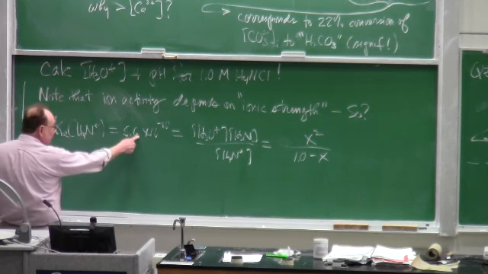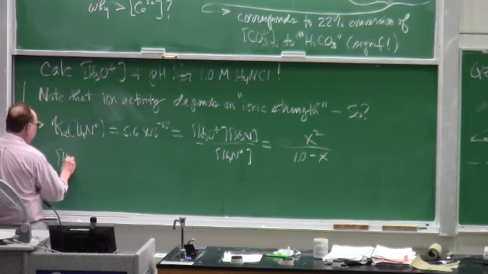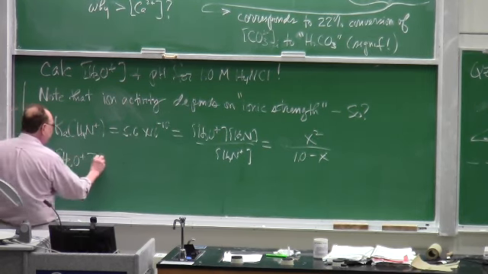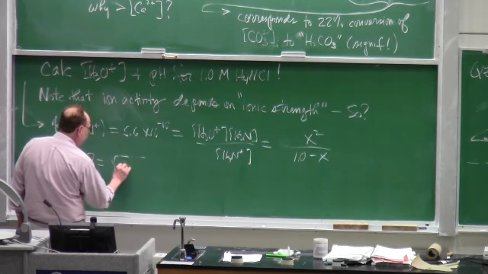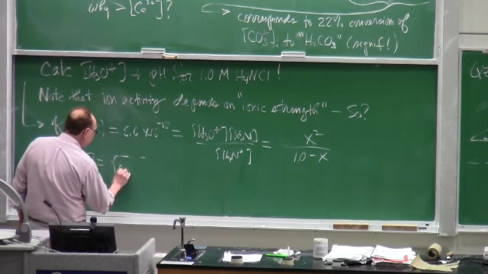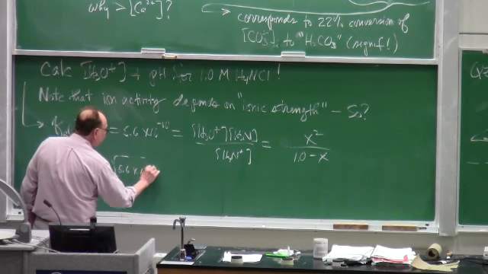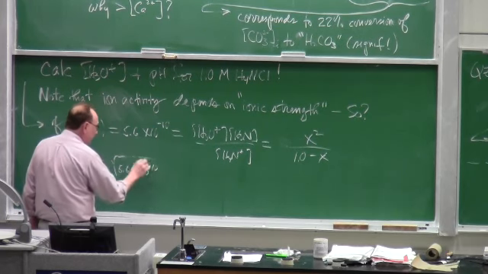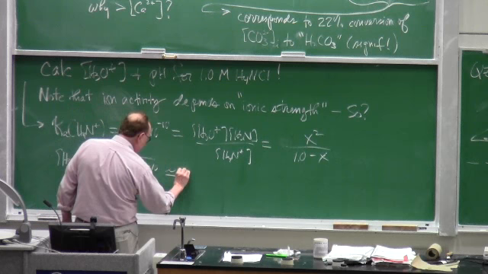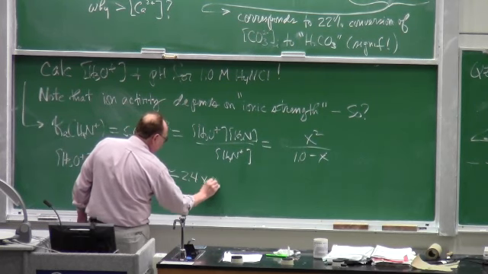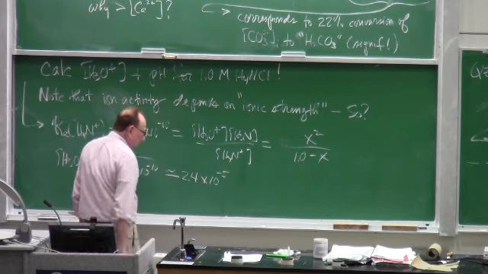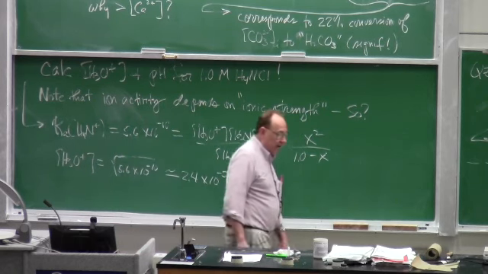Hydronium ion concentration is the square root of this, which is on the order 2.4 times 10 to minus 5.